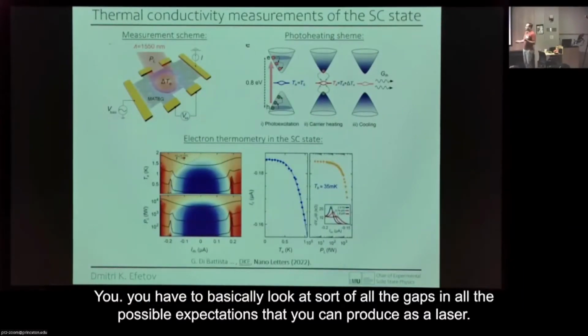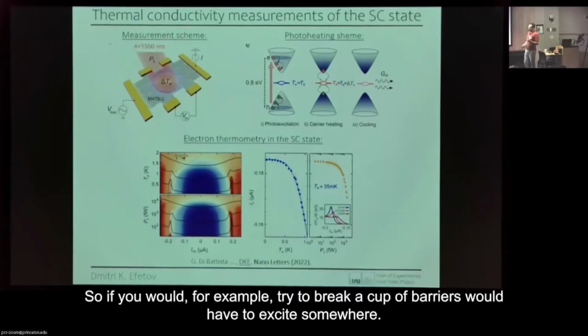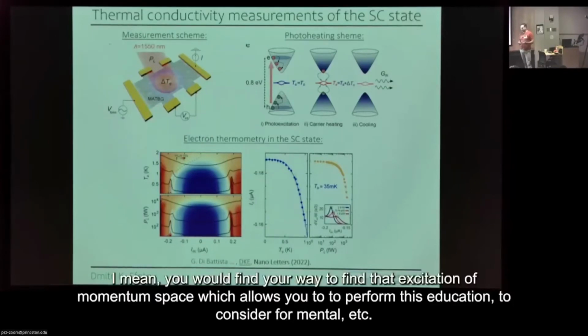So in graphene, specifically if you use telecom light, which is high energetic, you usually have certain excitation pathways which are well known. If you would, for example, try to break a Cooper pair, you would have to find that excitation in momentum space which allows you to conserve momentum, etc.